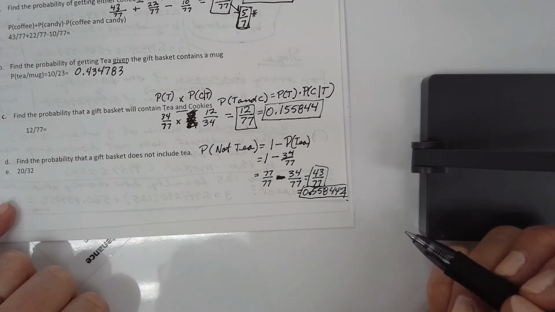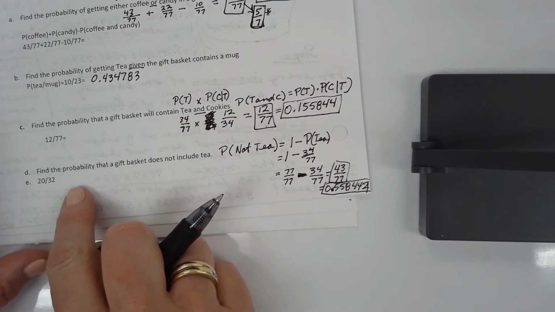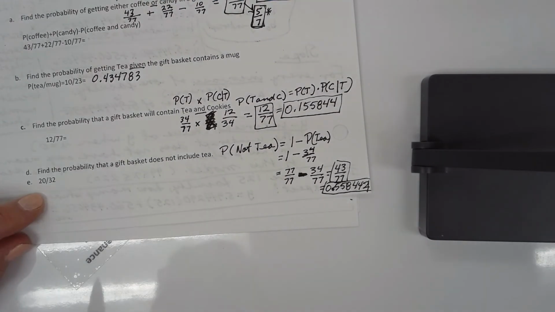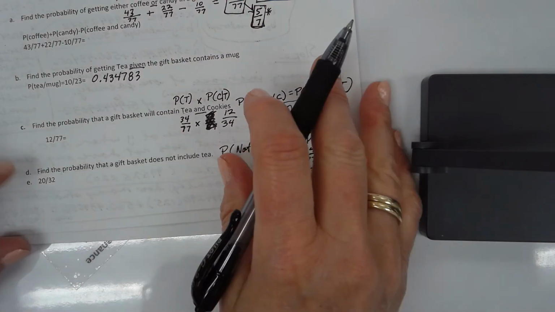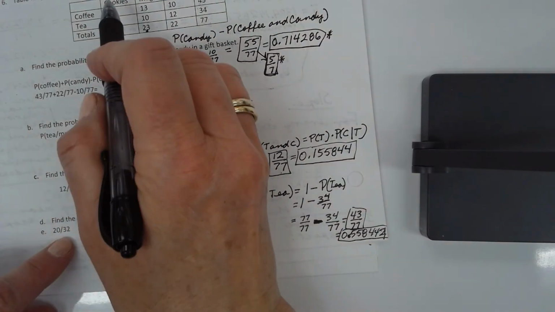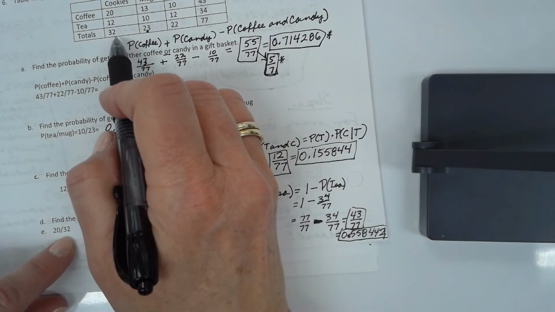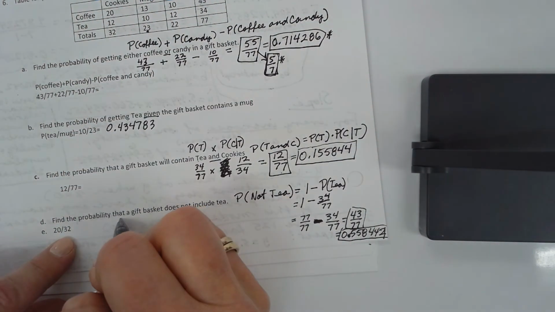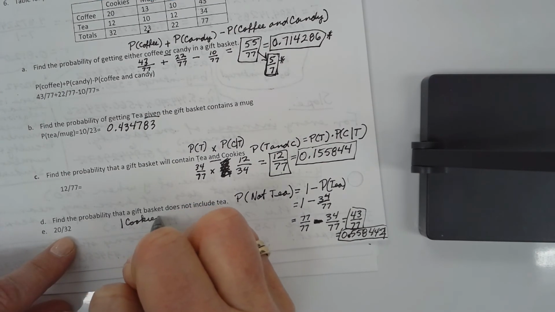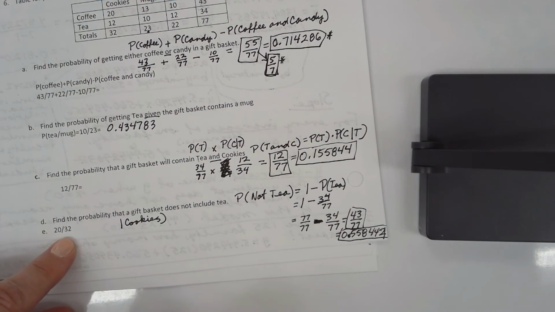Okay, so part E has 20 over 32. So what is that? Cookies and coffee over the total 32, which is the number of cookies, right? So that is given cookies. Okay?